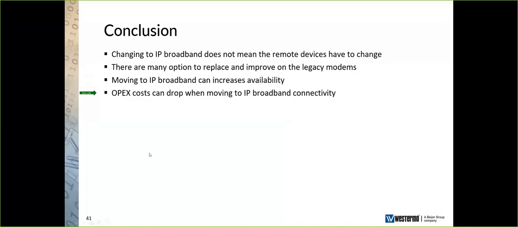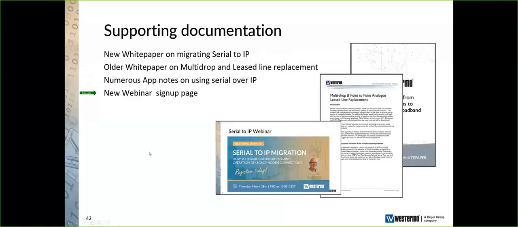So there is some supporting documentation on our website, which is, there's a white paper, Migrating Serial to IP. That covers many of the topics I've just been talking about here in a much more text and pictorial view. There's older white papers on multi-drop lease lines.